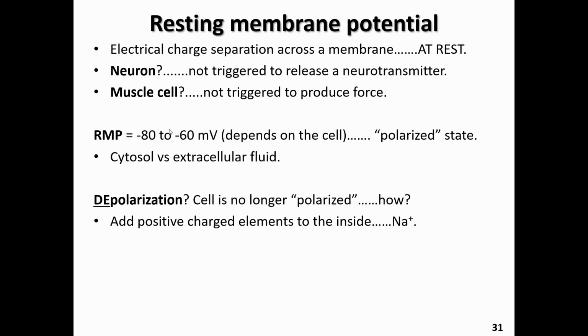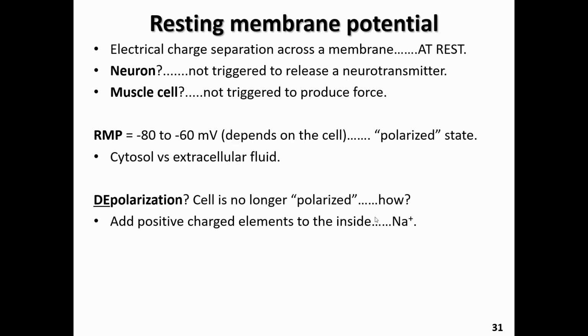Well, the easiest way to do that, if we take a look at the negative values, is to add positive values to it. So we can just do the math and add positive numbers to -80 or -60. And as you do that, -60 becomes -59, -58, -57, and it keeps moving towards the zero and maybe even into the positive direction. So how do we do that biologically?